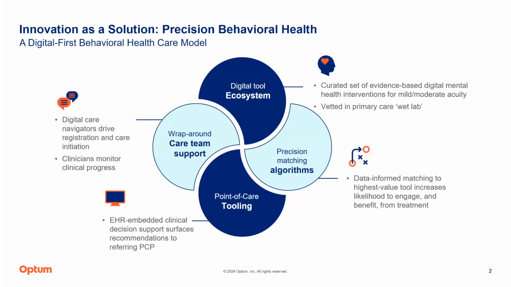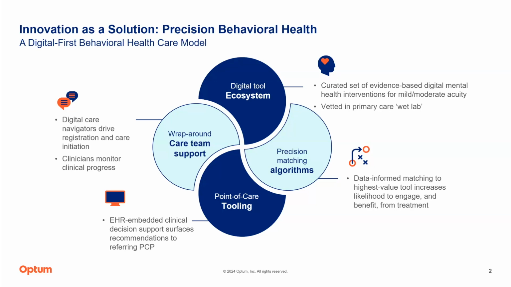So we have an ecosystem of about a dozen different proven tools at this stage. And each one of them has particular selection criteria that are driven off of this multidimensional assessment. That allows us to pick what we believe is the right tool for the right patient.